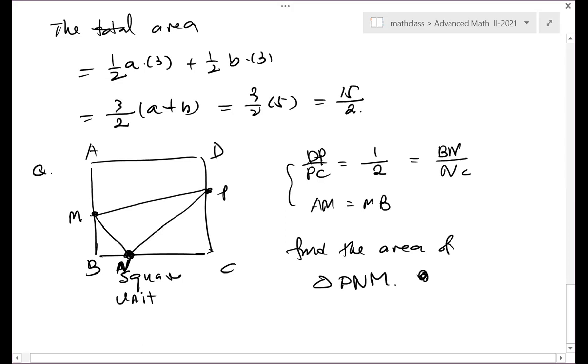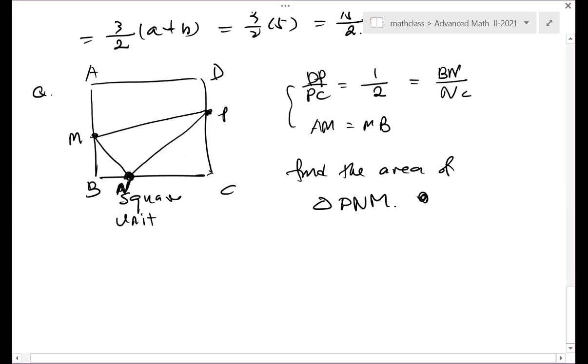Right, so please work on that. The triangle is uniquely determined at this time, so it should have an area. So what is the area?